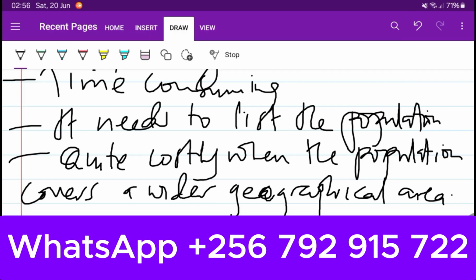So those are some of the advantages and disadvantages of probabilistic sampling.